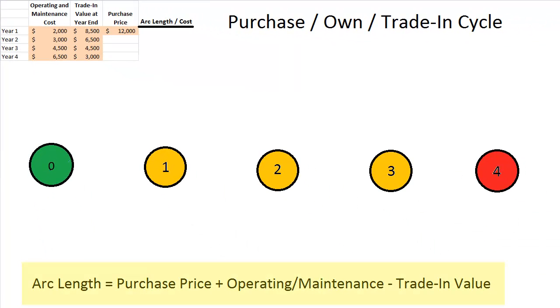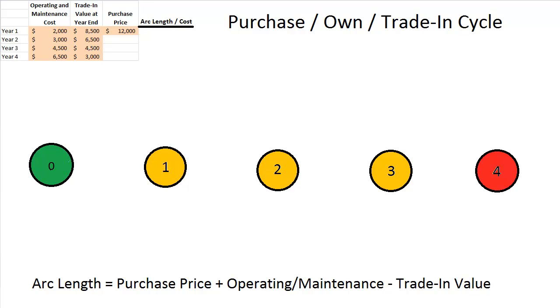Now, the first thing I want to point out is the formula or function at the bottom of our diagram. Arc length simply represents the length of time Connor holds on to any given car. If he holds on to it for 3 years, we will have to figure out the total cost involved in that 3-year period.